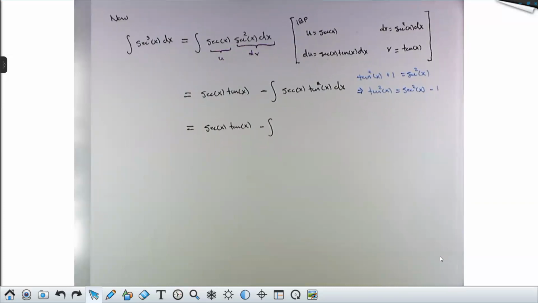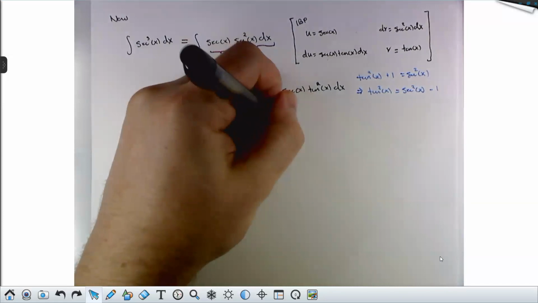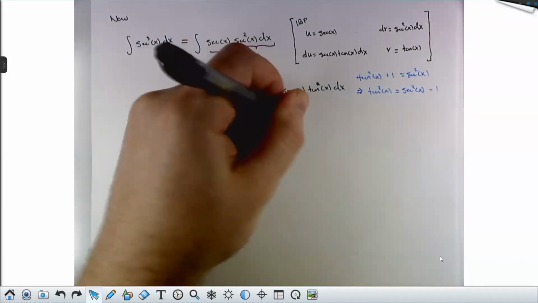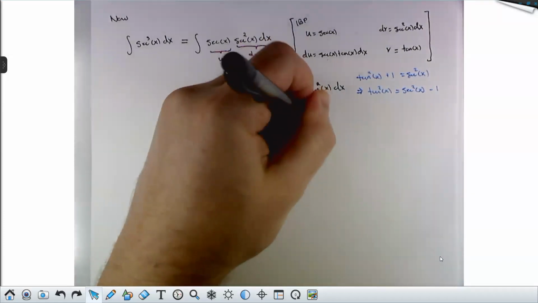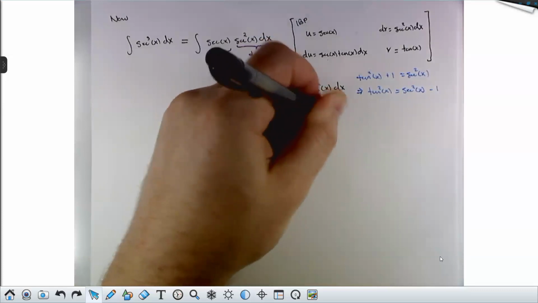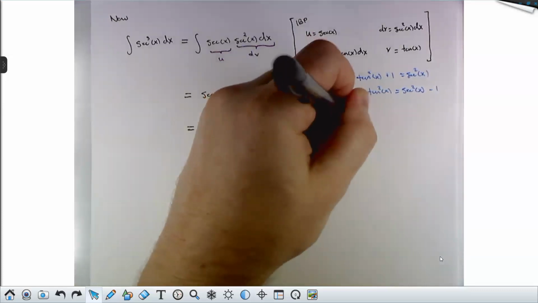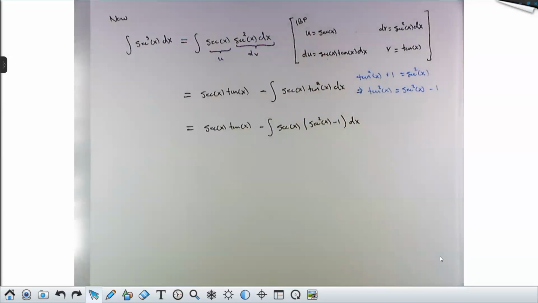All right, so that tangent squared, I'm going to replace by secant squared minus 1. We do so in parentheses, because secant here is multiplying the tangent squared, which means secant here needs to multiply all of secant squared minus 1. So these parentheses are not optional.